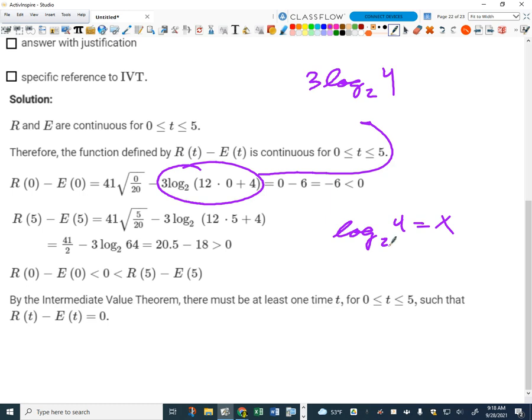The base is always the base. The base is going to be the base of the log and the base of the exponent. And a log is an exponent, right? So the log is equal to whatever becomes the exponent. So that's equivalent to saying the base is 2 now for the exponential function. 2 to the x equals 4.